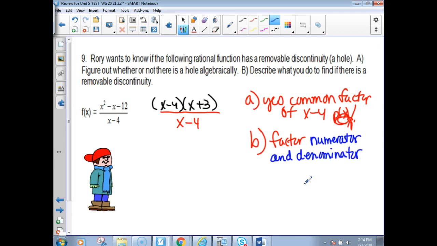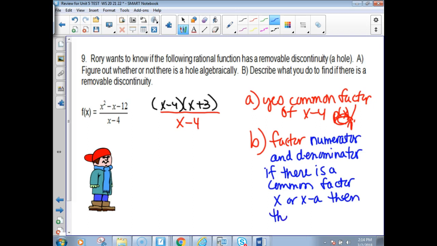Okay, so if there's a common factor x minus a, then there is a hole. Good enough?